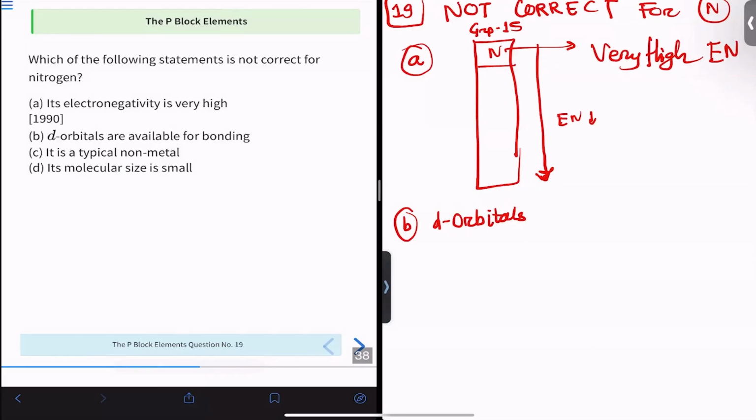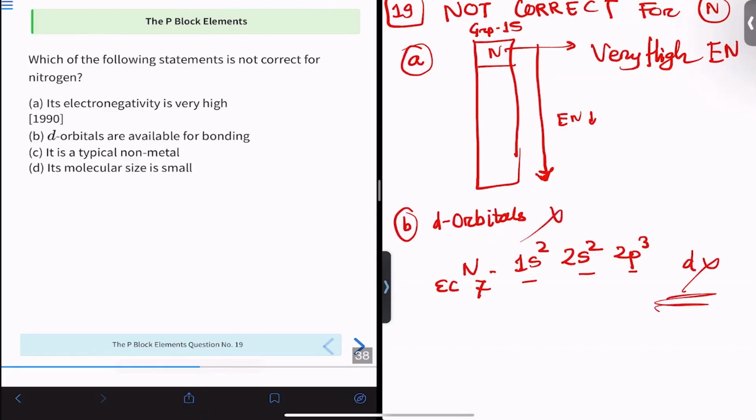I'll draw nitrogen's electronic configuration. Nitrogen has atomic number 7. The electronic configuration will be 1s2, 2s2, 2p3. That's it. There is no d orbital available for nitrogen. Nitrogen does not have any d orbital.